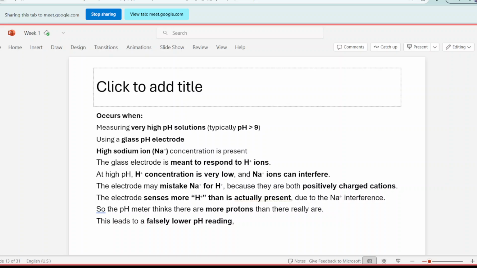Yeah, what I was asking is, in a given solution, you put your electrode and it mistakes sodium ions for hydrogen ions. Compared to your actual pH, is your pH lowered or increased? When you have sodium error, how is the pH changed? Is it increased or decreased? That's a simple way to ask this question.